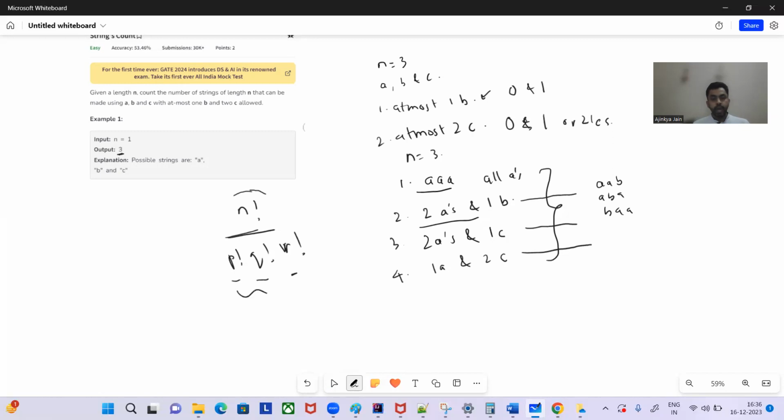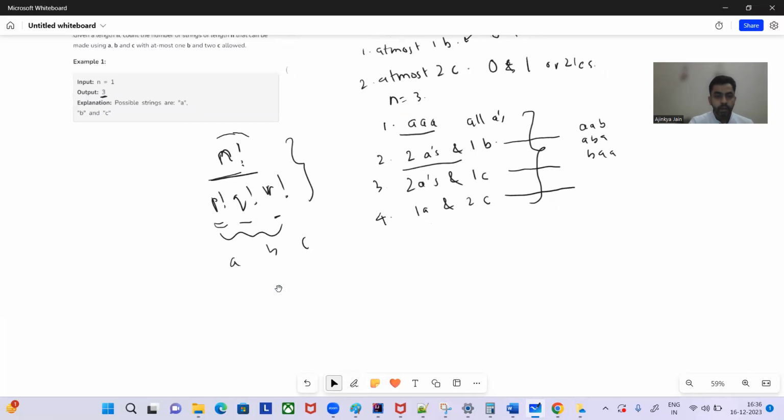Here p, q, and r are A, B, and C. So if you want to find all the combinations of n objects, this is the formula for that. Let's see one by one.